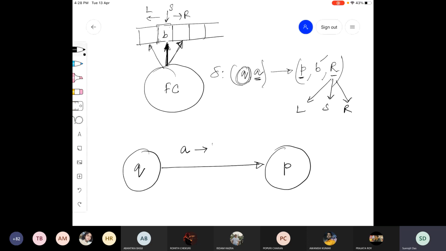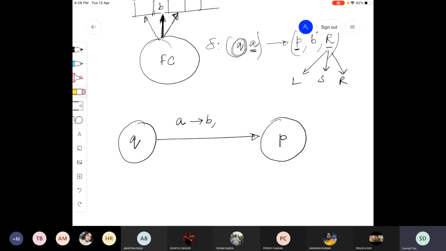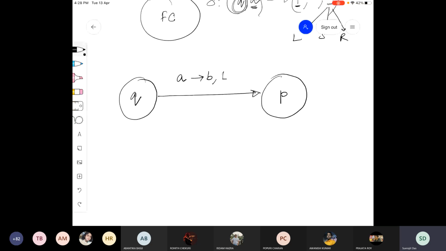Input symbol, then overwriting the input symbol that I scan, and I can move left, remain stationary, or move right. This is the symbol that you read. This represents a symbol that you write. Now let us talk about reading and writing, right? In pure computing terms. And this is a symbol, the direction of head movement.